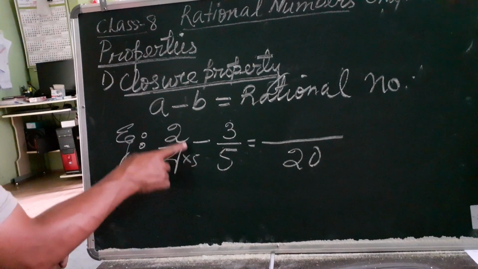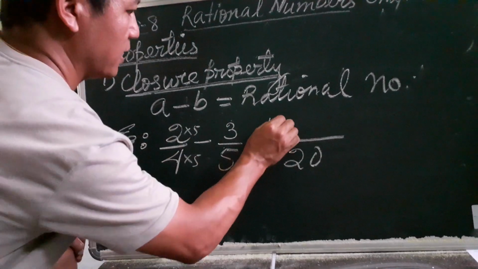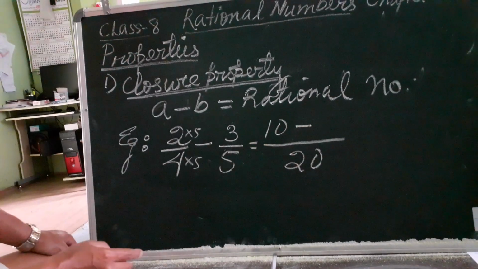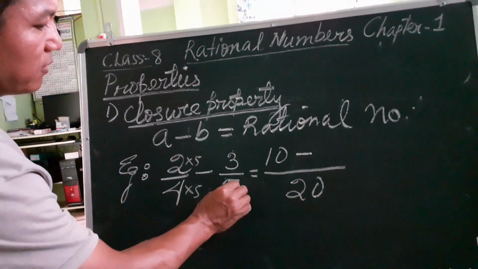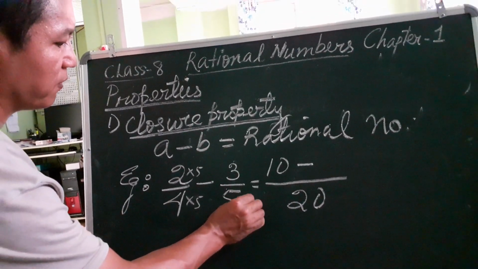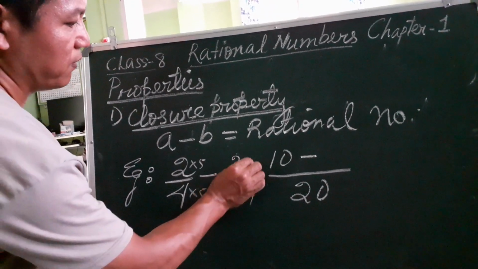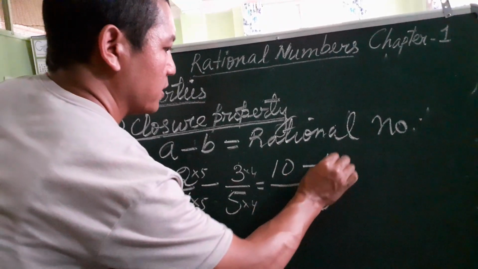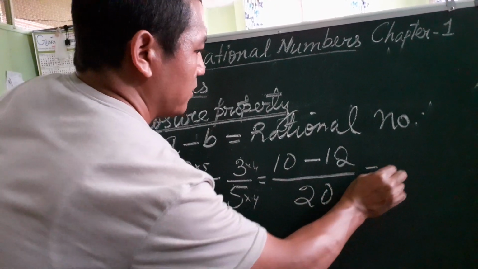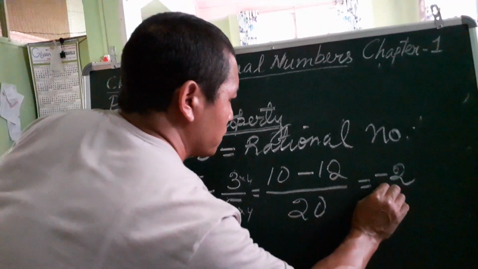Again, 2 multiplied with 5. 2 fives are 10. Minus 5 into how much do you get 20? 5 fours are 20. Here 3 into 4, again multiply 3 with 4. 3 fours are 12. 10 minus 12 is minus 2.